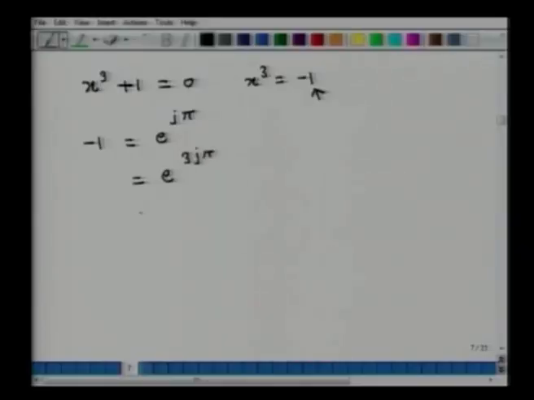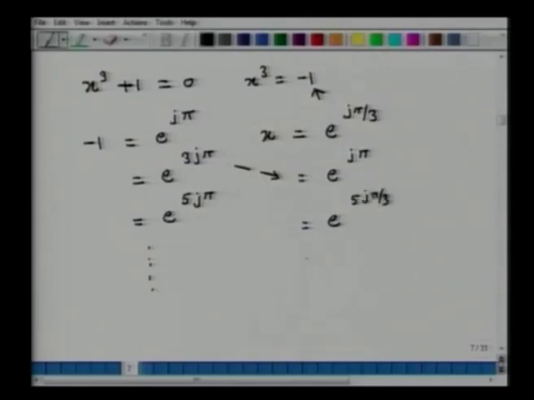We can also write the same thing as e^(5j pi), and so on and so forth. So my x is the cube root of this, so it could be e^(j pi over 3), that could be one solution, or it could be e^(j pi), which corresponds to this value of minus 1, or it could be e^(5j pi over 3), and so on and so forth.